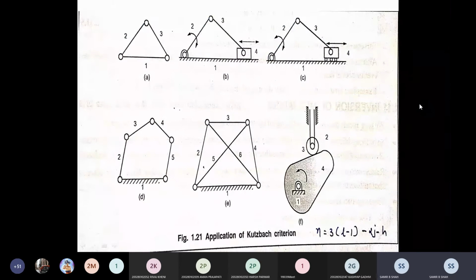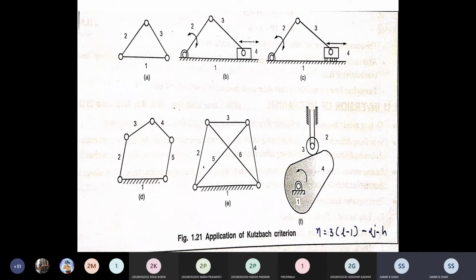You can see the figure, which is very clear. As I discussed earlier, the equation 3 of L minus 1 minus 2J is very important. Many times this application may be asked in your exam: figure A is given to you, please take this screenshot.